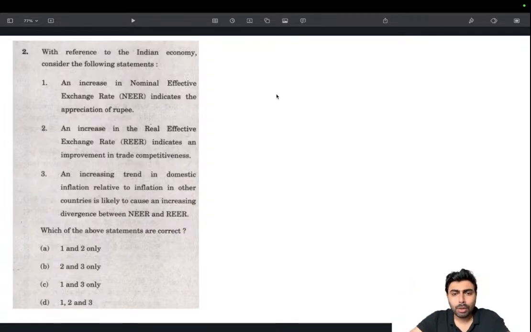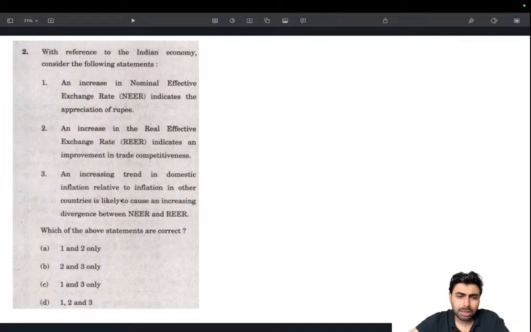If the rupee gets more expensive, then those who are importing from India will find the goods more premium, less cheap for them to import. So the competitiveness reduces. So this outright seems like a wrong statement, because it says real effective exchange rate indicates an improvement in trade competitiveness. This is slightly counter-logical to our understanding, because trade competitiveness and appreciation are inversely proportional. So let's keep that aside.